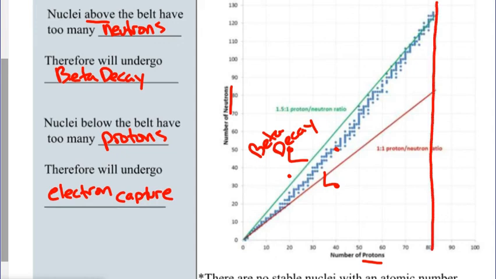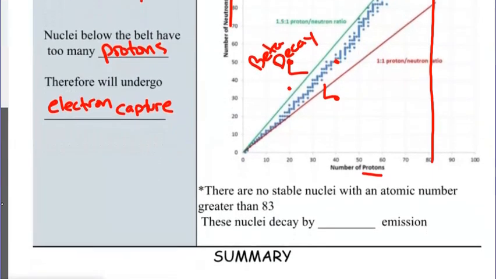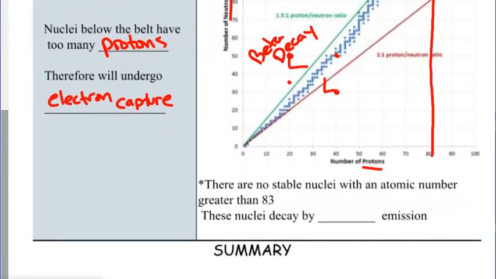It's a terrible vertical line, but it stops right after 83, because there are no stable nuclei that have a number of protons greater than 83. After that, the nucleus just always becomes too unstable, and it undergoes one type of decay that we've already talked about, alpha decay, because that kicks off 2 protons and 2 neutrons to get it to a much more stabilized atomic number.